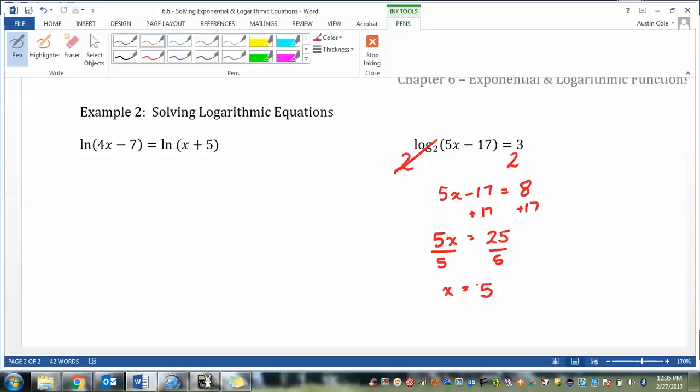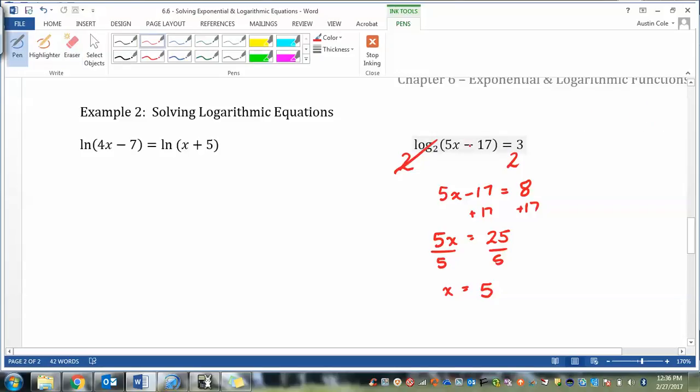And if you think about it, if I just do log base 2 of negative 8, 2 to what power gets you negative 8? You just can't do it.